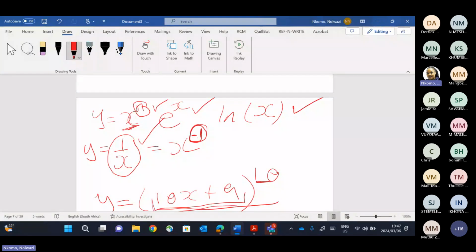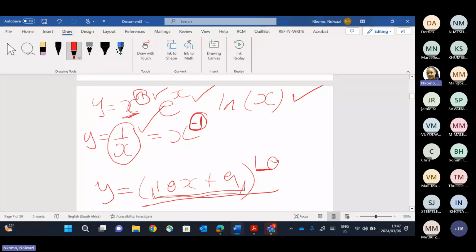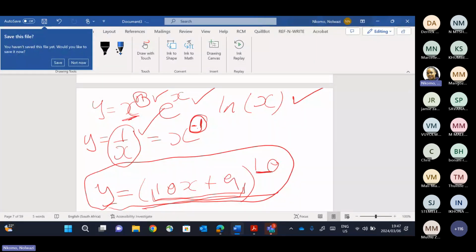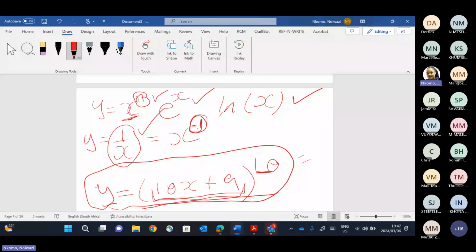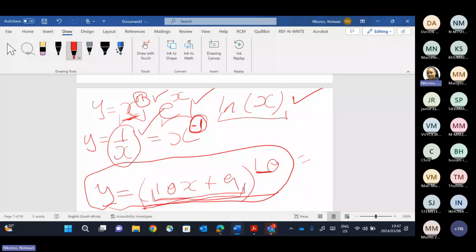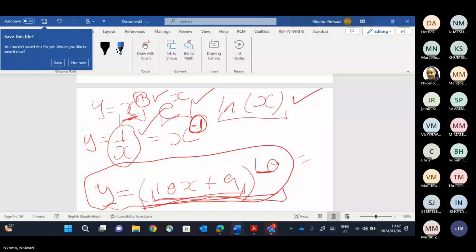You have something to the power n. So this is what you'll do. You'll take this function and manipulate it. Which function is the closest that you can get from this? You have x to the power n, you have e to the power x, you have ln x. The closest function to this compared to these three is this one.